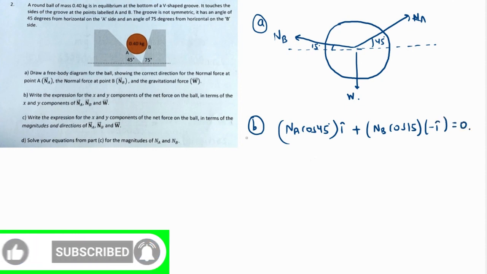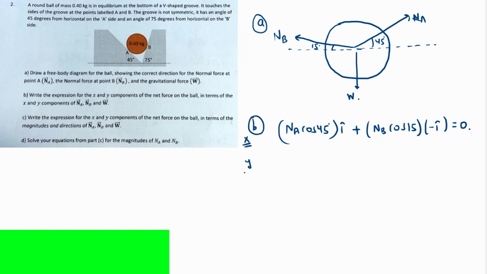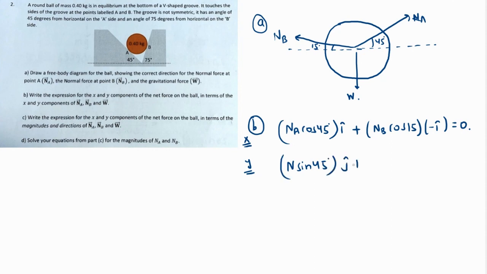For the y component, that's going to be NA sine of 45 degrees towards the j cap, then NB sine of 15 degrees towards the j cap, plus W towards minus j cap. This should be equal to 0. So that is in terms of NA, NB, and W.